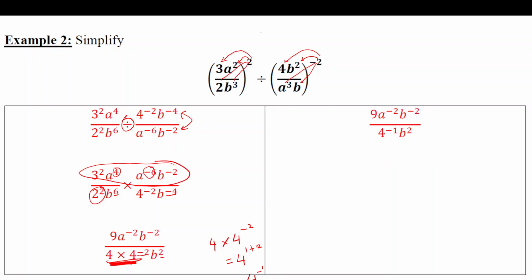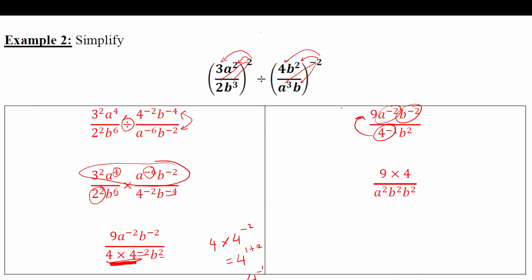You can do that, or what they're going to do now is we're going to bring all the negative indices down to the bottom. So let's just show you what they've done first. They've brought down the b to the negative 2 to the bottom, and the a to the negative 2 to the bottom. And as well, the 4 to the negative 1 to the top.